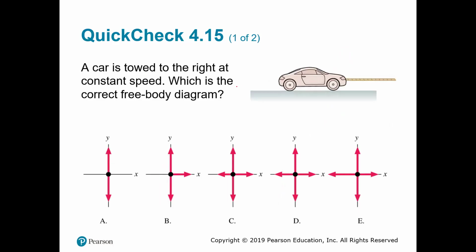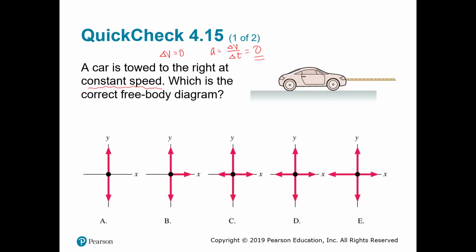Similar thing: a car is towed to the right at constant speed. The important words here are constant speed. If speed is constant, that means the velocity change is zero, right? But the definition of acceleration is delta v over delta t, so that means acceleration is zero as well.